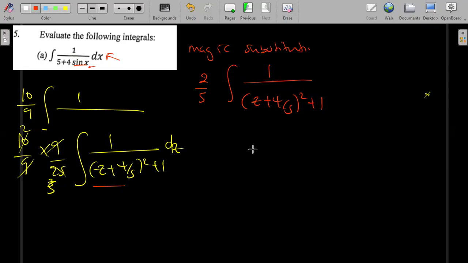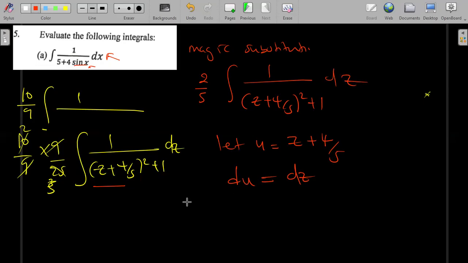So what am I saying? I can let my u be equal to what's inside here, and that is z plus 4 over 5. Z plus 4 over 5 be my u. I then differentiate, this is going to be du equal to dz, this here becomes a constant of 0, then of course I have my dz here.